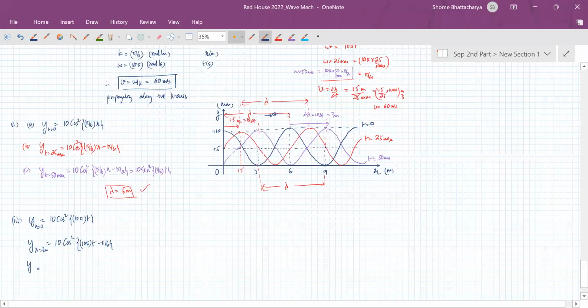And similarly, y at x equal to 3 will become 10 cos square 10 pi t minus pi by 2. So that's the same thing as 10 sine square 10 pi t. So we'll see that these are all oscillation graphs, but with certain phase difference. Okay. The oscillation of the first and second one is with a phase difference of pi by 6.